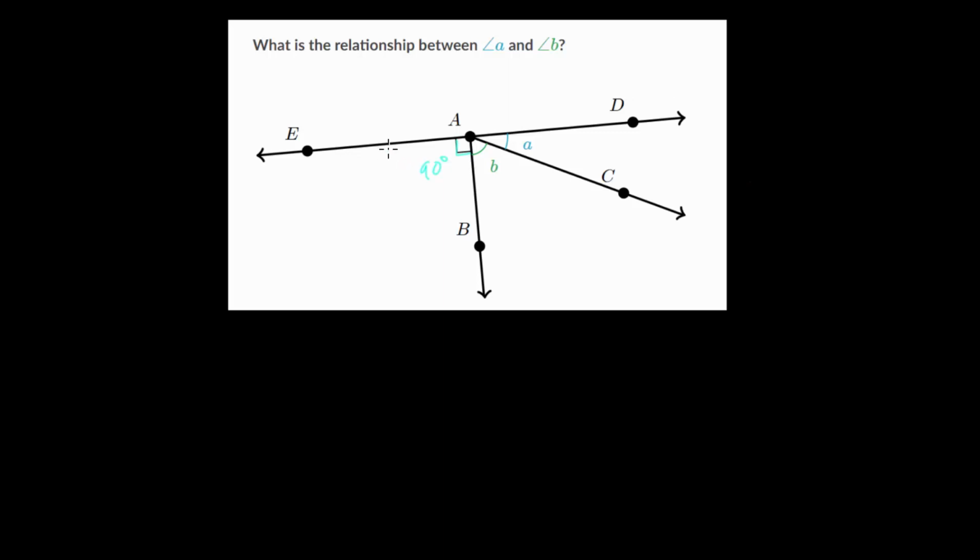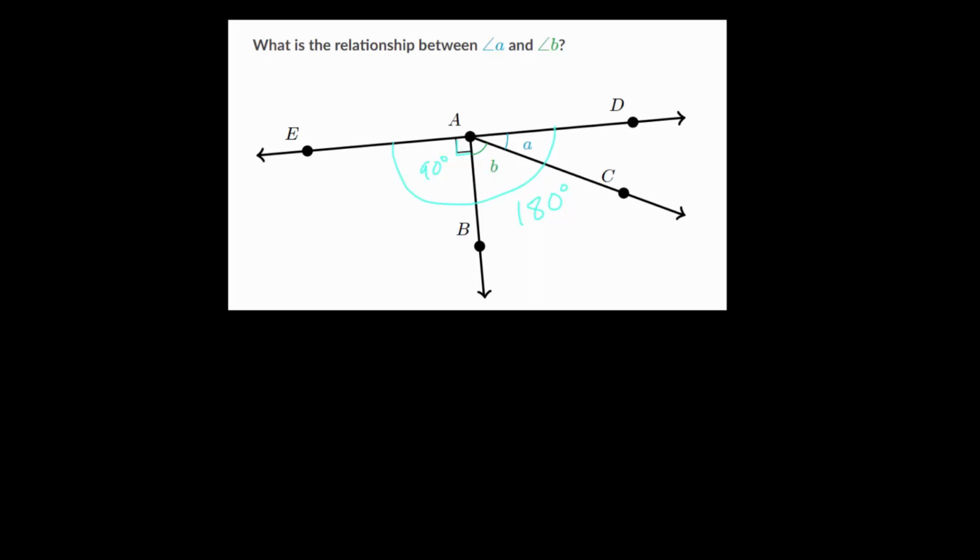And we know that we have a line here. So EAB, B, and A, these all form the angles of a line. So the entire angle there is 180 degrees. So if this is 90, then A and B together would also be 90 degrees.